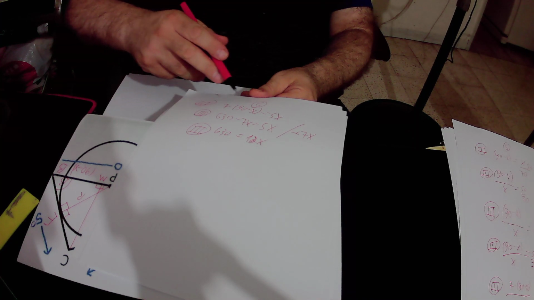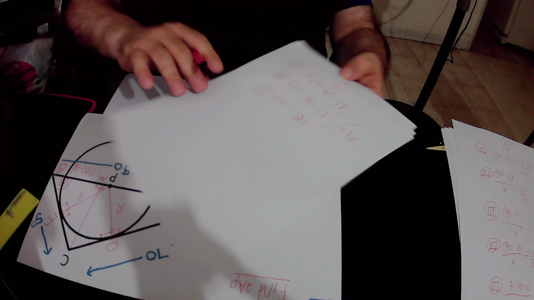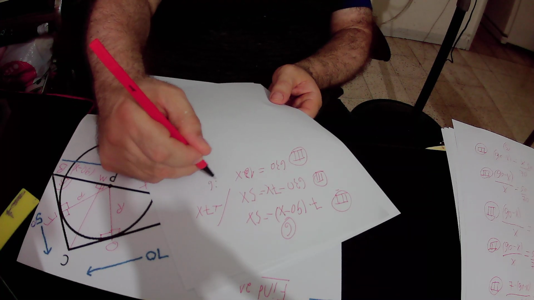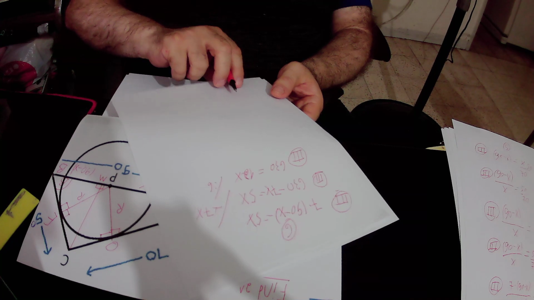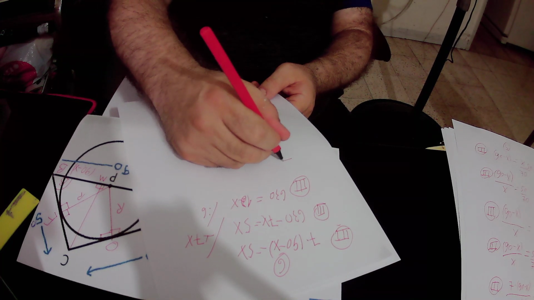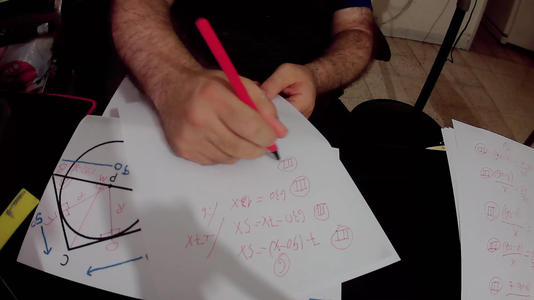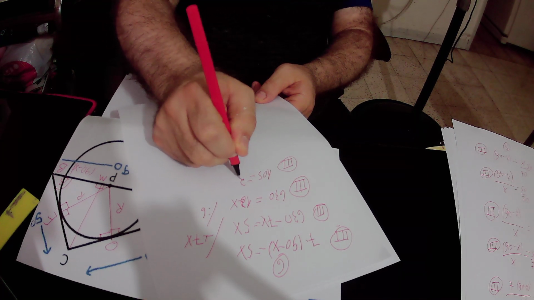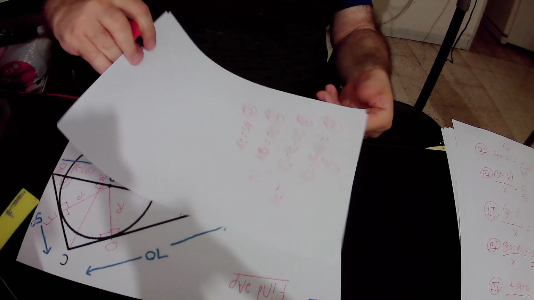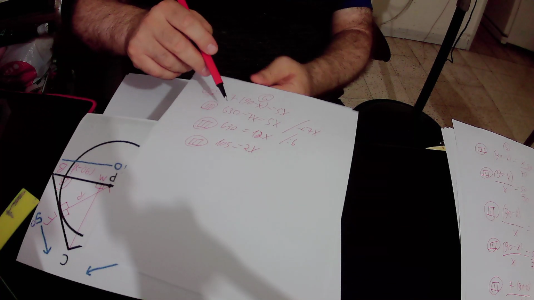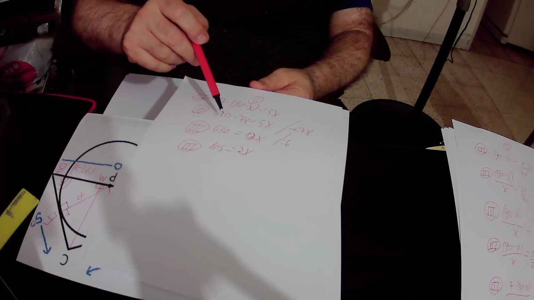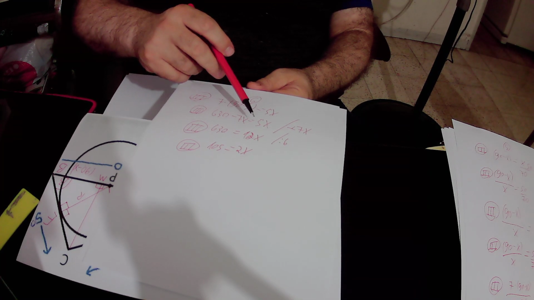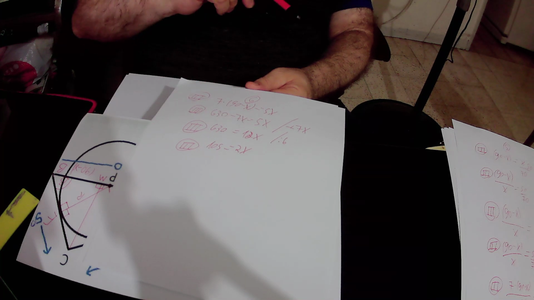Now we will divide both sides of the equation by 6. We will get that 105 equals 2 times x. Okay, here we divided both sides of the equation by 6, so 630 divided by 6 equals 105, and 12x divided by 6 equals 2x.